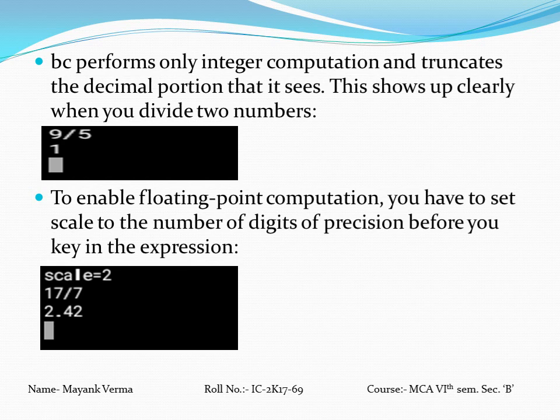To enable floating point computation, you have to set scale to the number of digits of precision before you key in the expression. Scale equals 2, 17 divided by 7 will result in 2.42, because you gave the scale equal to 2.